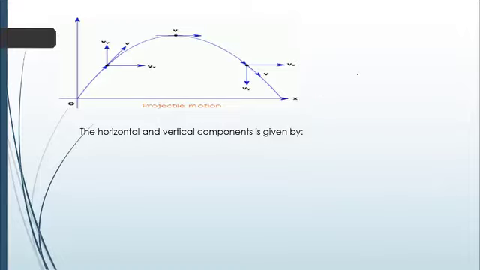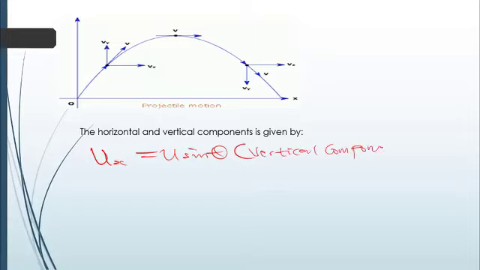So at this point, the horizontal and vertical components of a force are given as follows. The vertical component Uy is given by U sine theta. Sorry, please, this should be Uy.